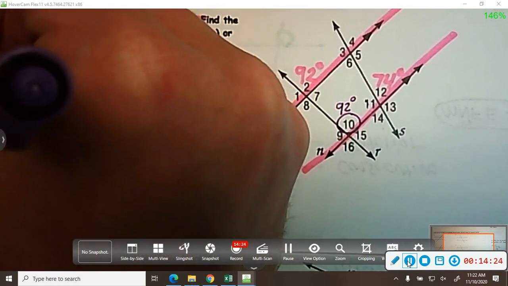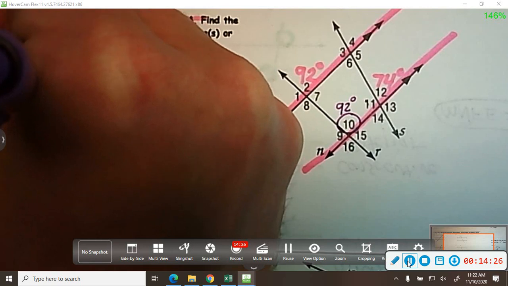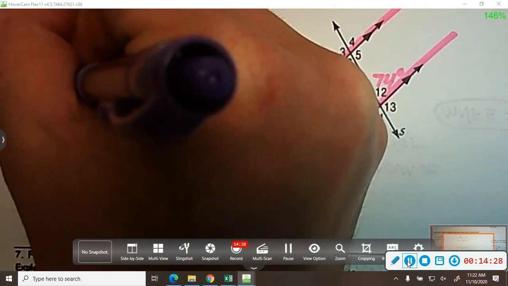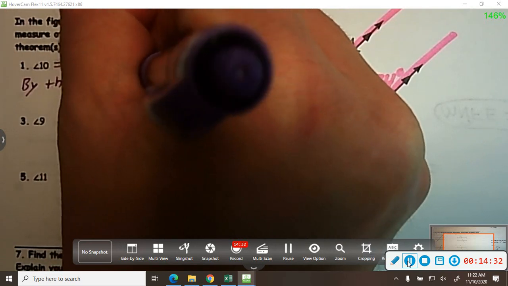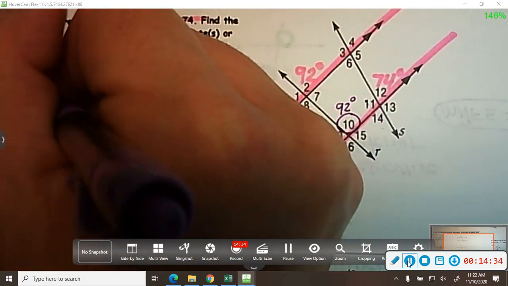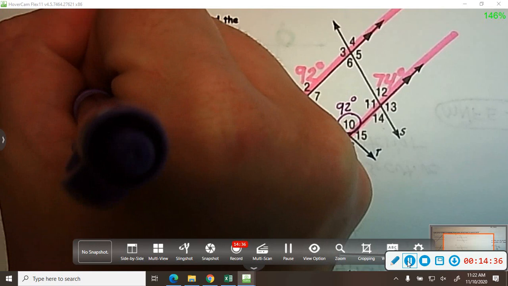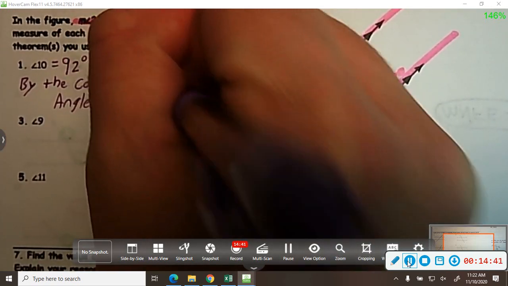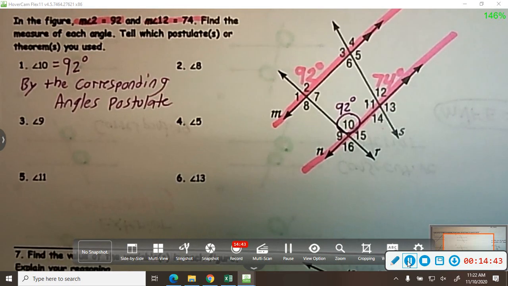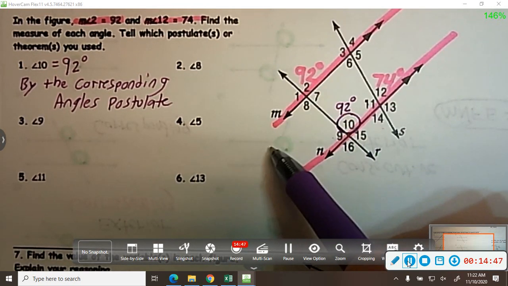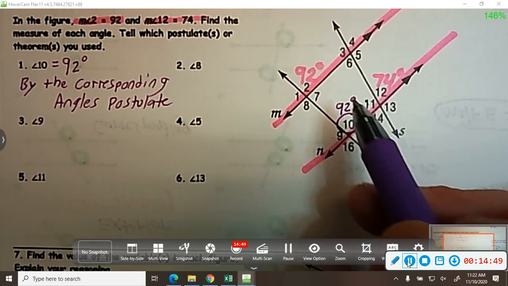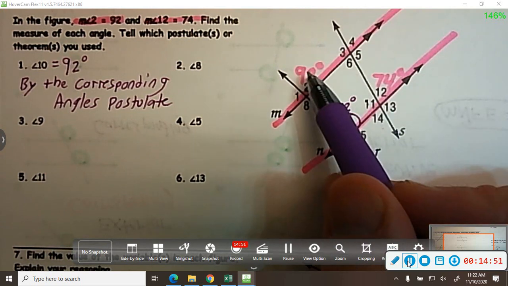So I would say, by the corresponding angles postulate. The corresponding angles postulate says if a transversal intersects two parallel lines, then the corresponding angles are congruent.